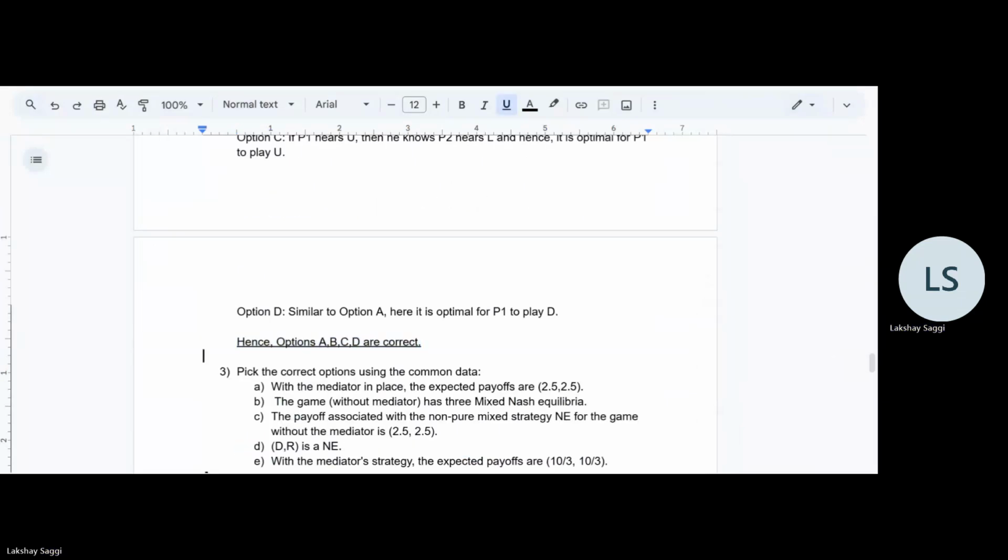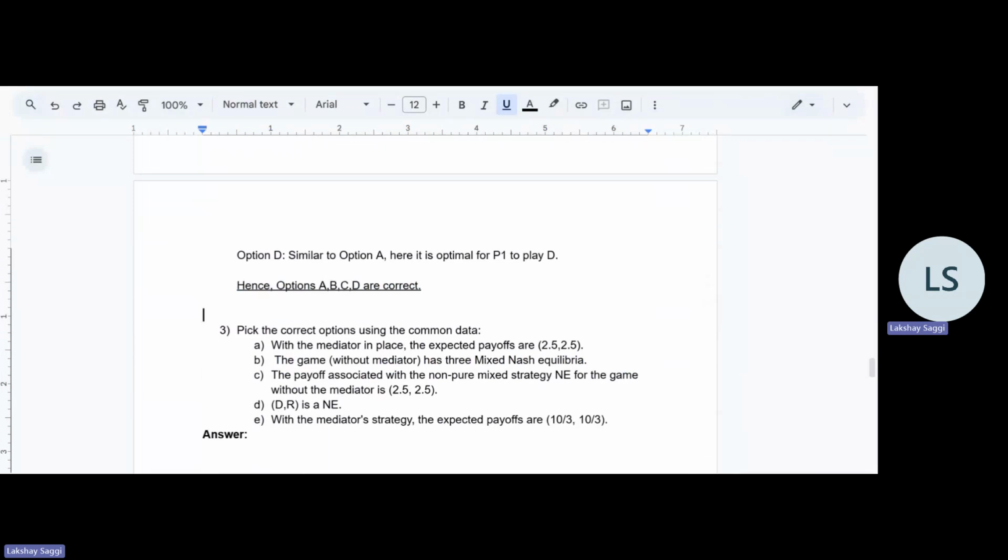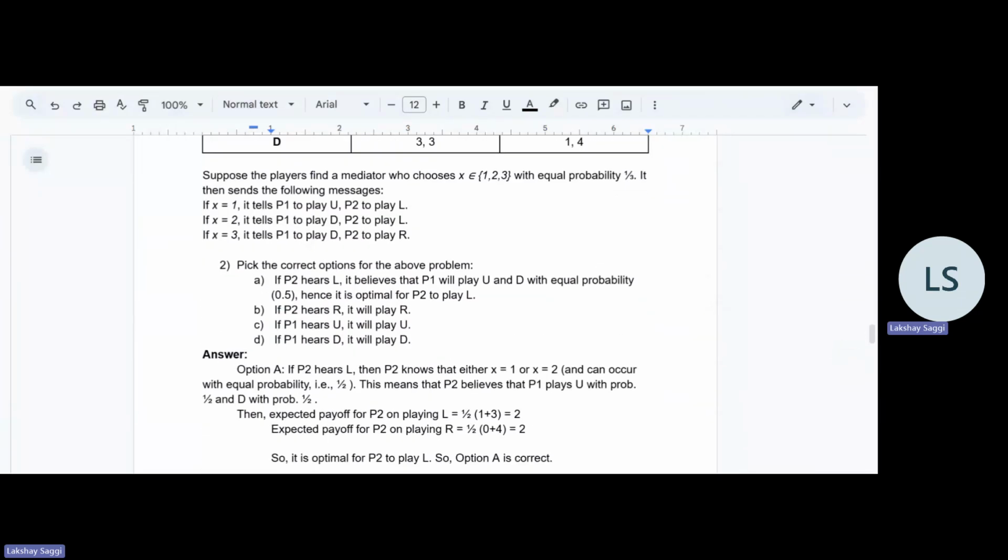So yeah. Now let's move on to the third question then. The third question is also based on the previous question itself. The first option says that with the mediator in place, the expected payoffs are 2.5, 2.5. So actually we saw that with the mediator in place, everyone was following what the mediator told them to, right? And what were the payoffs for everyone if they were following the mediator's plan?